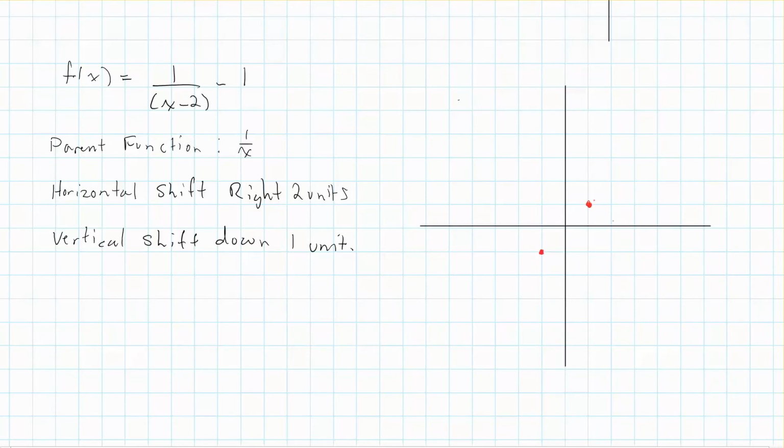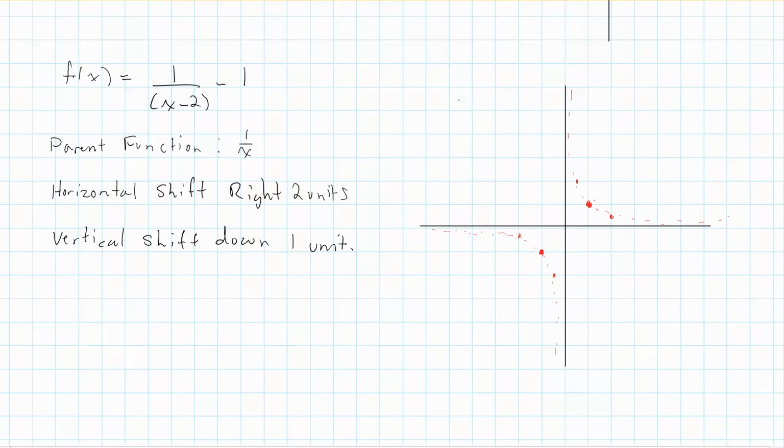And then I'll go ahead and add in the other ones here as well. And then, again, I'm just going to kind of do some dotted line here to remind me of the shape. Okay, so that's 1 over x.